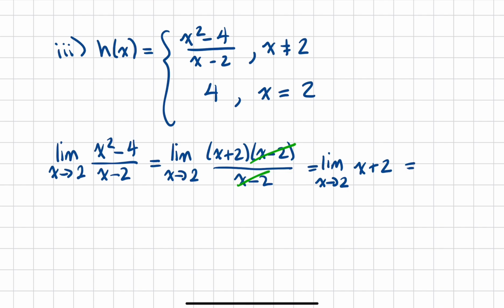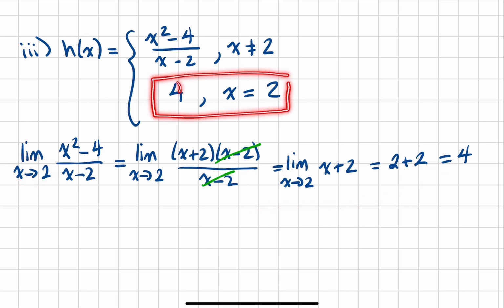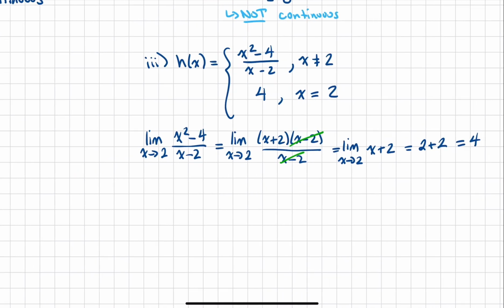And so I'm going to go ahead and plug in x equals 2. Now this is going to be 2 plus 2, which is equal to 4. And we also know here our output is 4 when x is equal to 2. Therefore, we can say that this is indeed continuous.